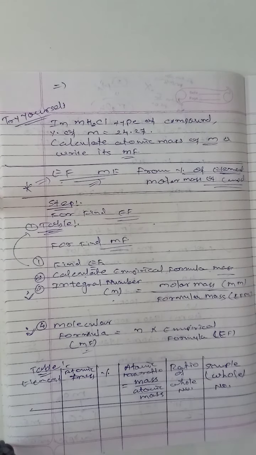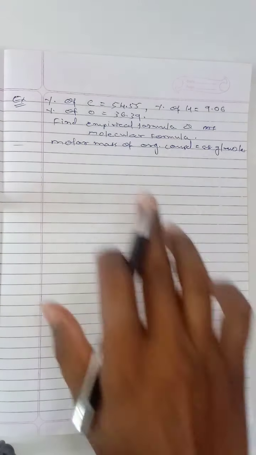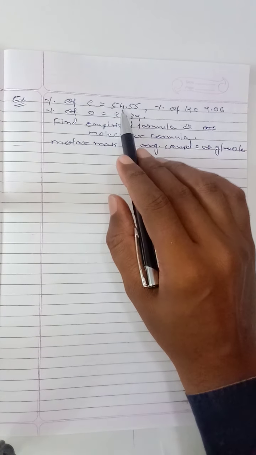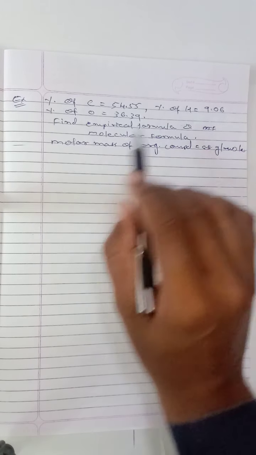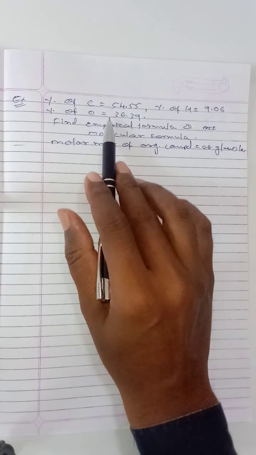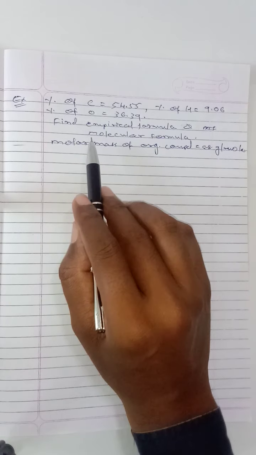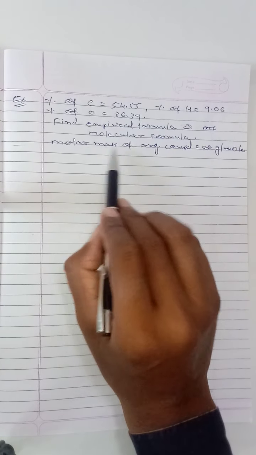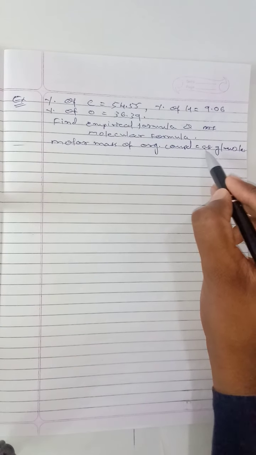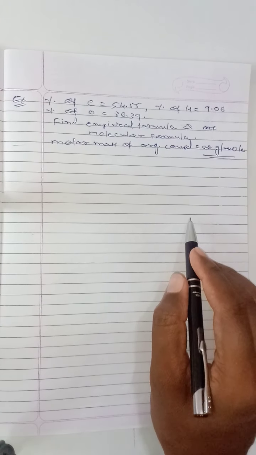Let's take another example. Here, the percentage of carbon is 54.55, hydrogen is 9.06, and oxygen is 36.39. Find the empirical formula and molecular formula. The molar mass of the organic compound is 88 gram per mole.